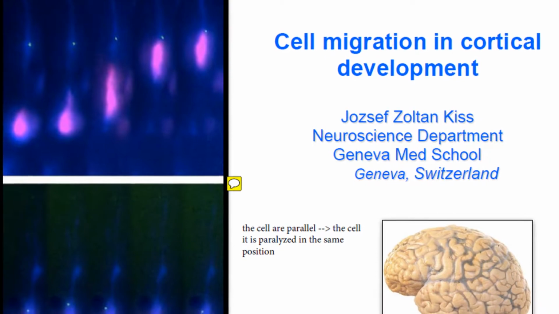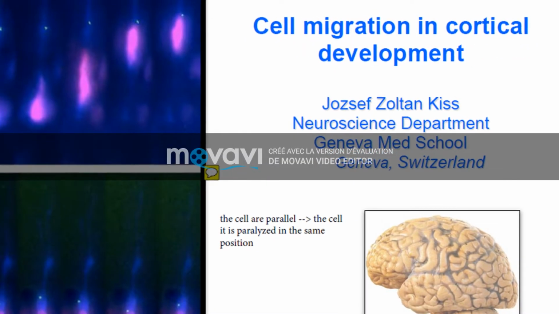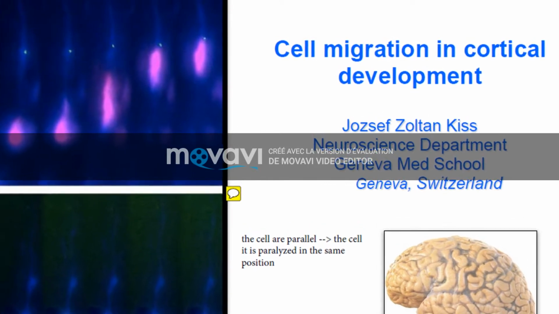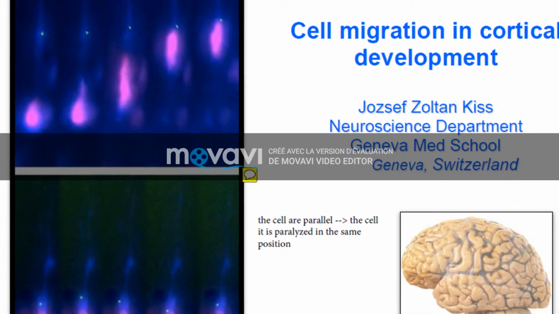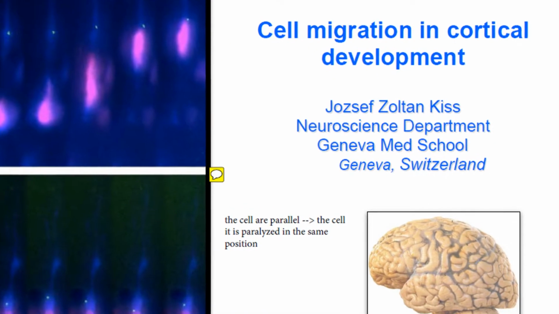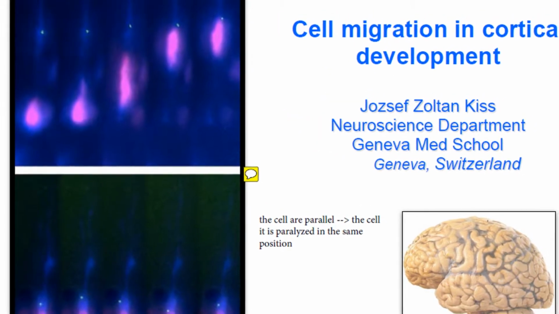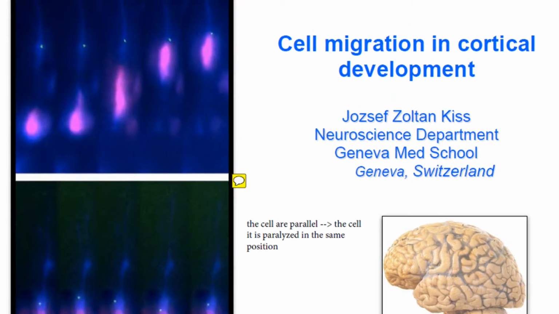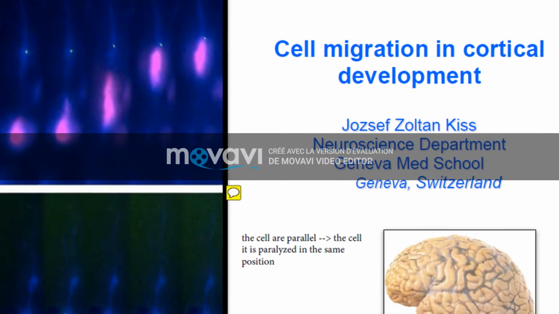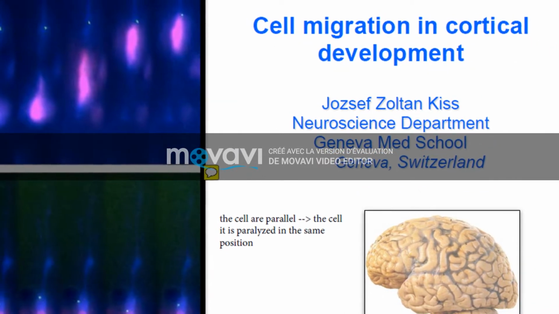So they ask the question, how come that these neurons strictly avoid the future striatum, although there are GABAergic neurons in those circuits too. There are no circuits in the brain without GABAergic neurons. So what makes these cells so disciplined, migrating tangentially up here to the cortex, never entering this region?